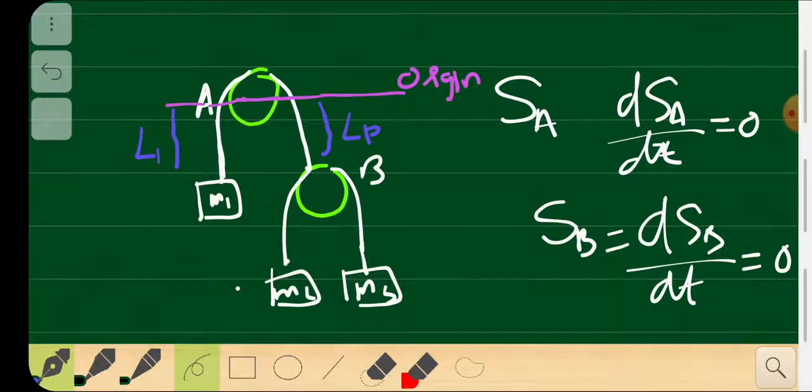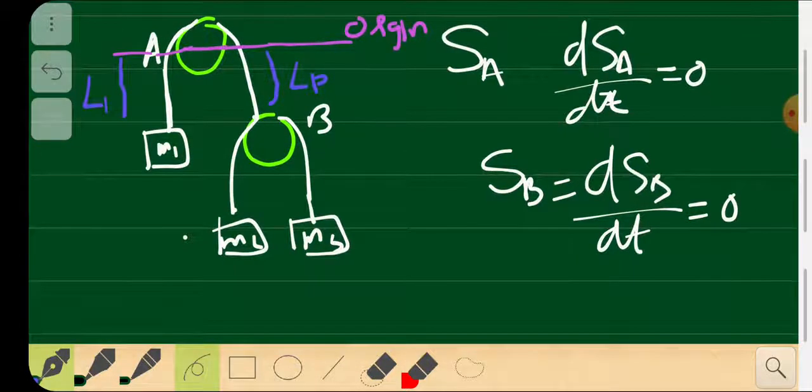Then m2 and m3 are also there. I'm going to redraw this in such a manner that we can extend this string so that m3 is much farther.